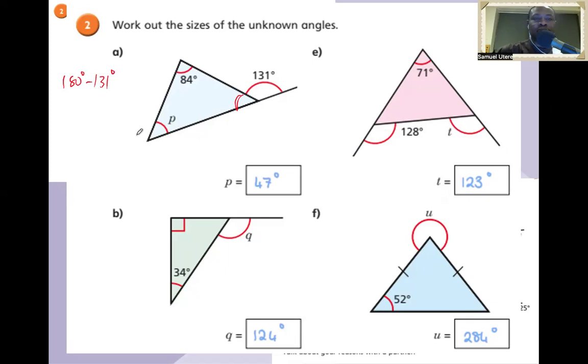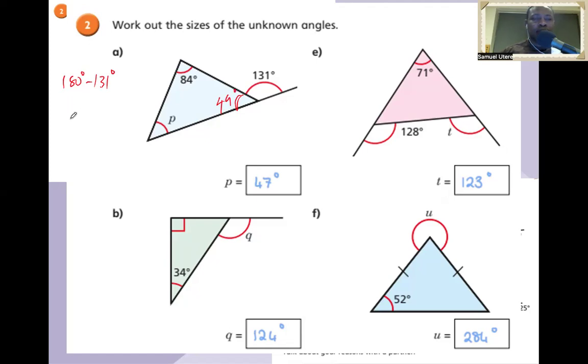And that angle will be 49 degrees. So here is 49 degrees.